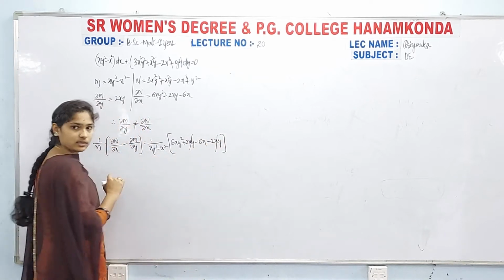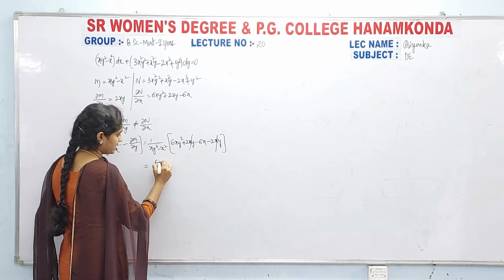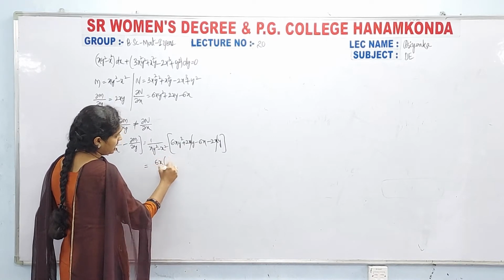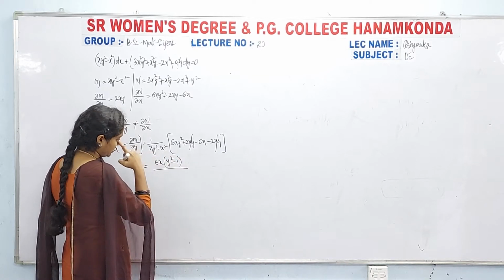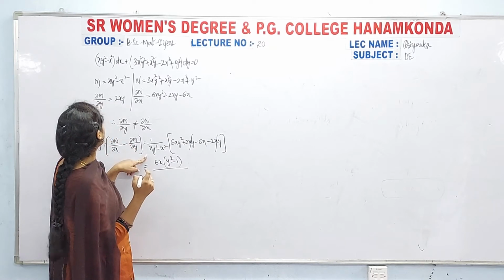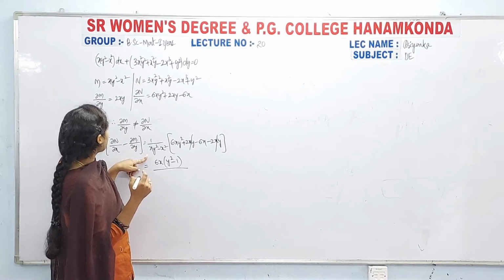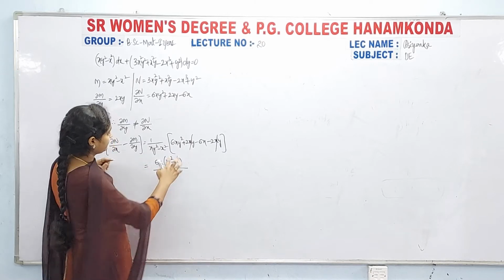Both values are cancelled. Now, here 6x is common. So, that is why I am taking that 6x is common. Then here we will get y square minus 1. Here we have xy square minus x square.